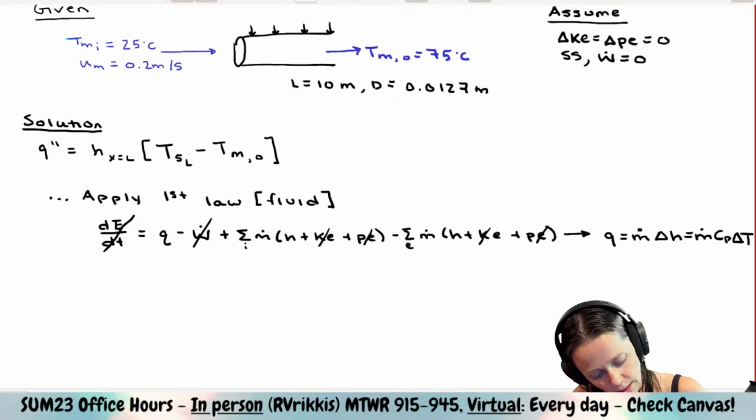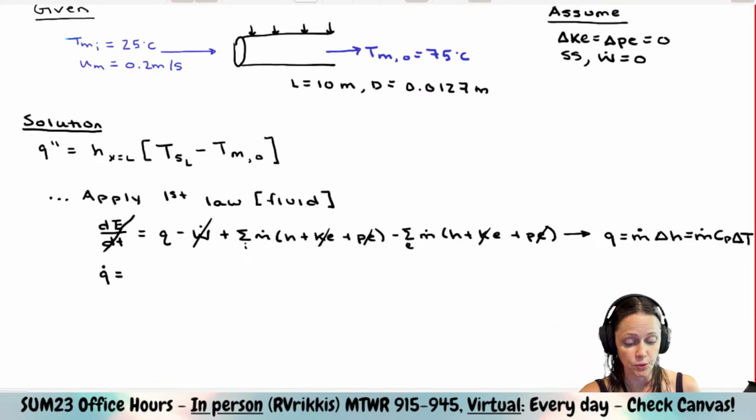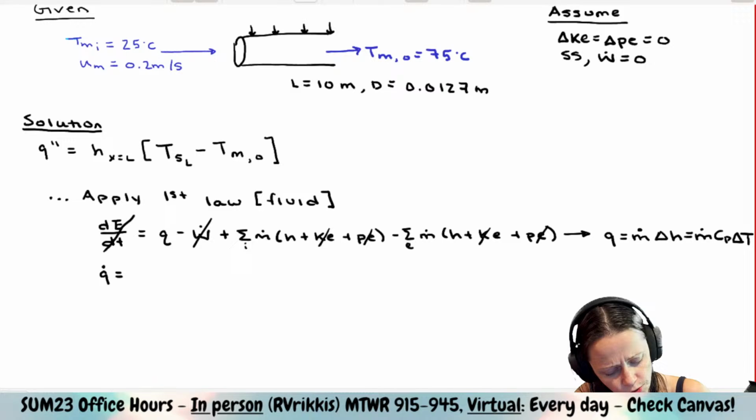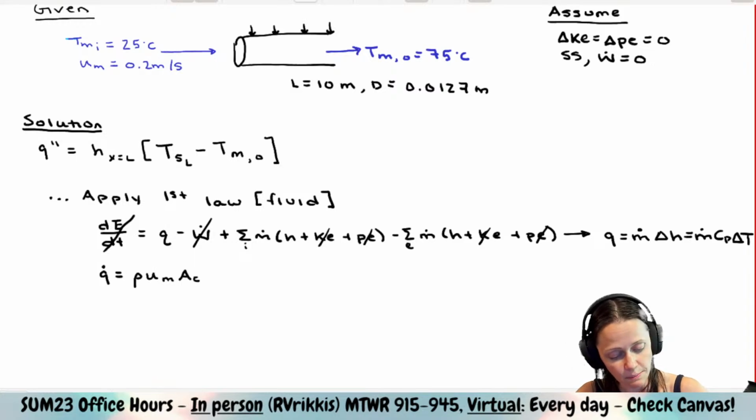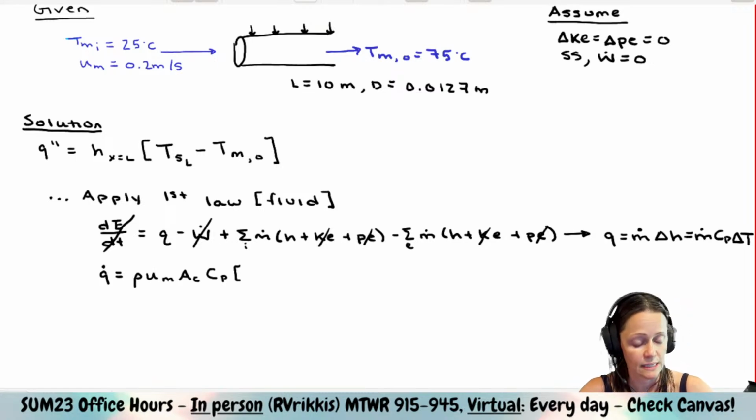So it's going to be Q dot, and it's m dot, which I don't actually know, but I have enough information to calculate because I have the mean velocity coming in. So that m dot is just going to be rho times my velocity times my cross-sectional area times my Cp times the delta T from the inlet to the outlet. So it'll be T mean outlet minus T mean inlet.